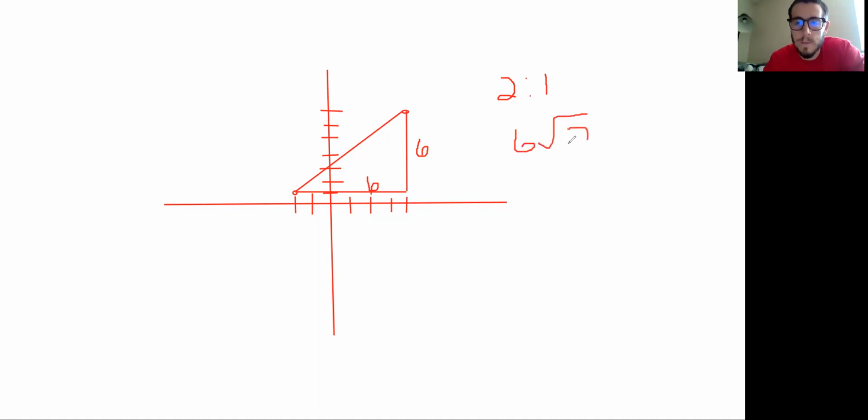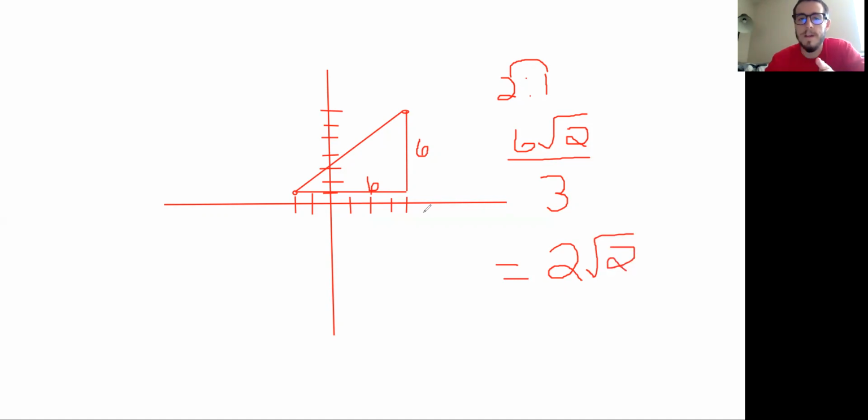Now, how does that help us? We need to split 6√2 into two parts, one that's twice as big as the other. So what we should really do is split it into 3 parts, because that's the total of the ratio here. And that means I can split this into 3 equal segments of 2√2.